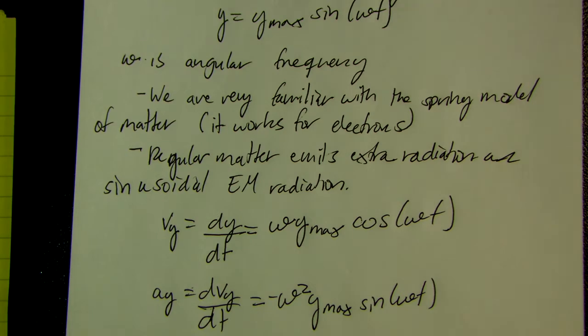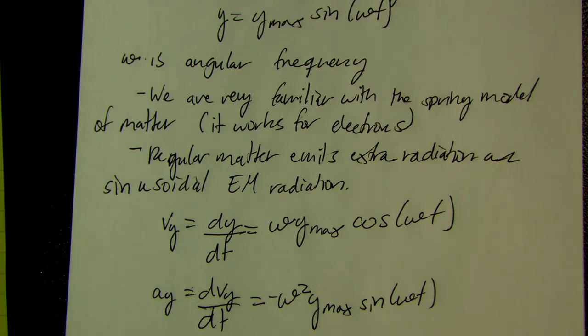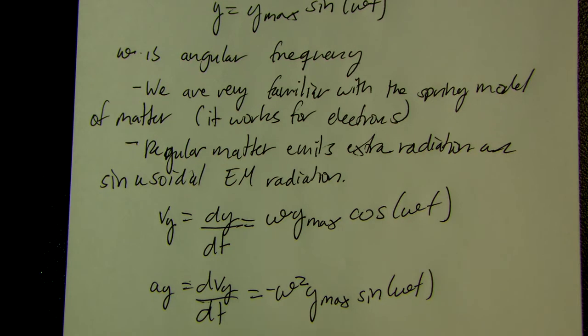So for those of you who are in the calculus class, you should verify these equations. For those of you who are in the algebra-based class, you can verify them if you've taken calculus. If not, you can just accept the results and know where it comes from.